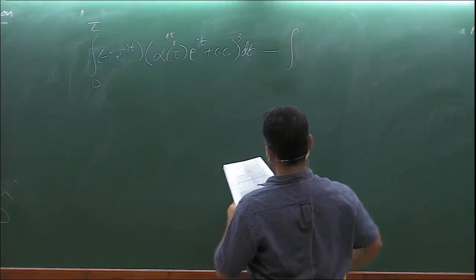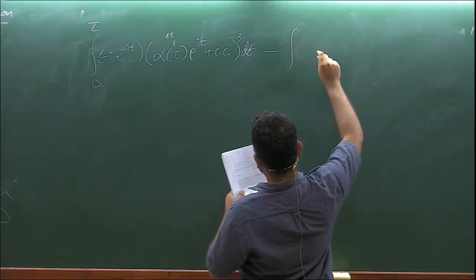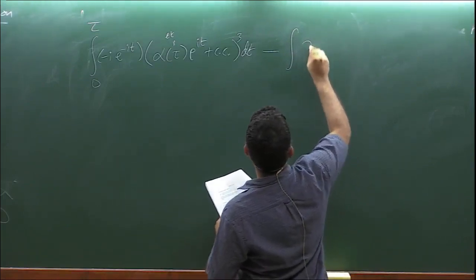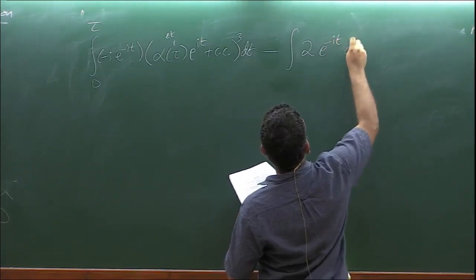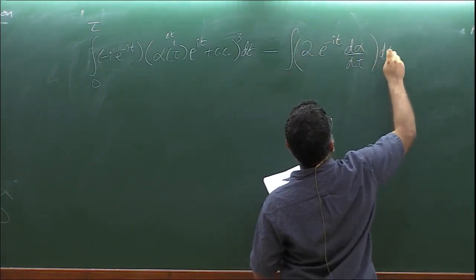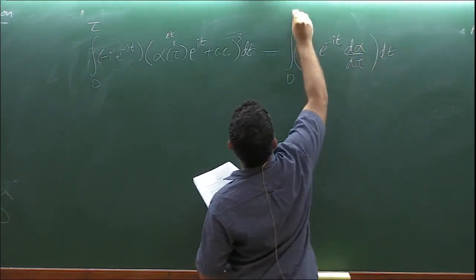Let me put it this way. I think all of this just becomes, what is it, 1I and 1 minus I. So we'll get 2 e to the minus it d alpha d tau dt from 0 to some period.